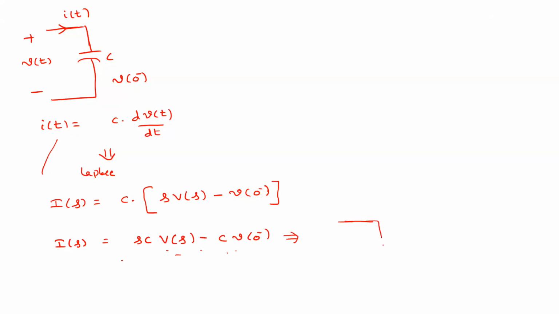So we have the first element, this is the capacitor, right? And this value is V of S. So now it is plus minus, and this current is I of S, right? This is divided into two parts. What is the value here?